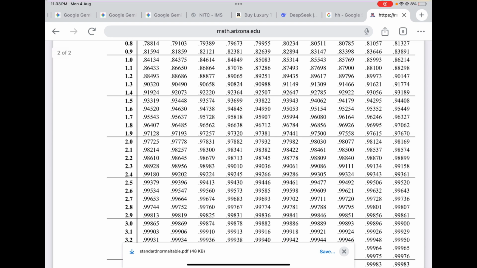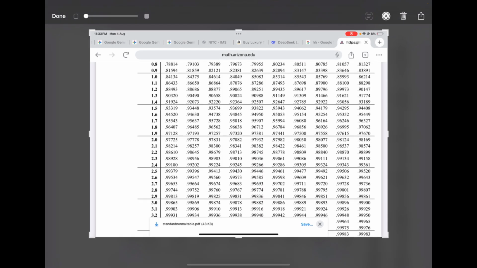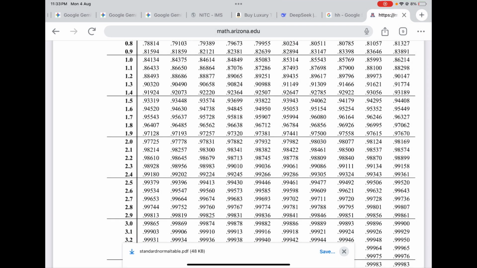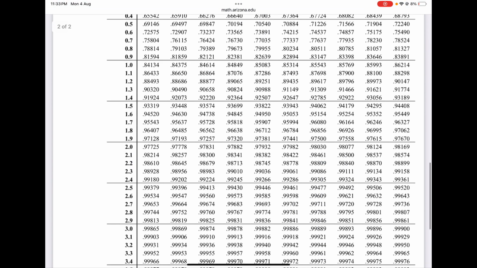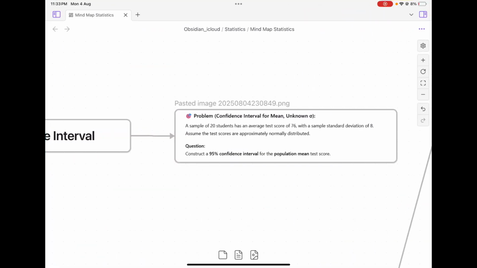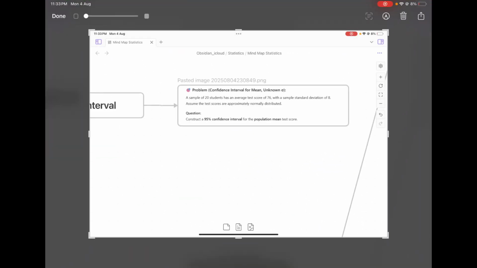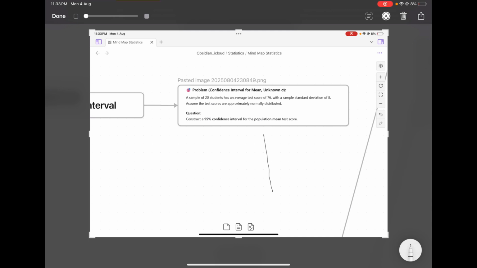From the table you can see it is 0.975. That is equal to 1.96.